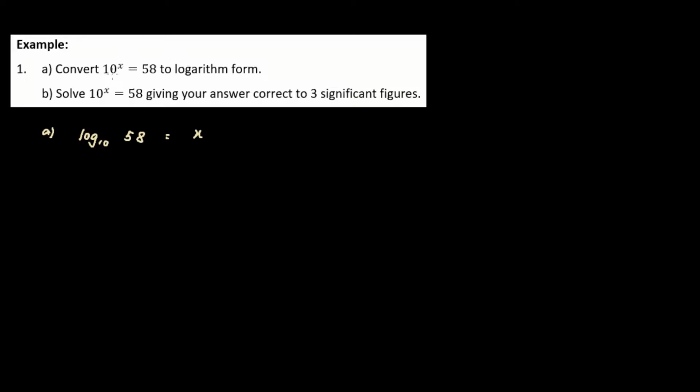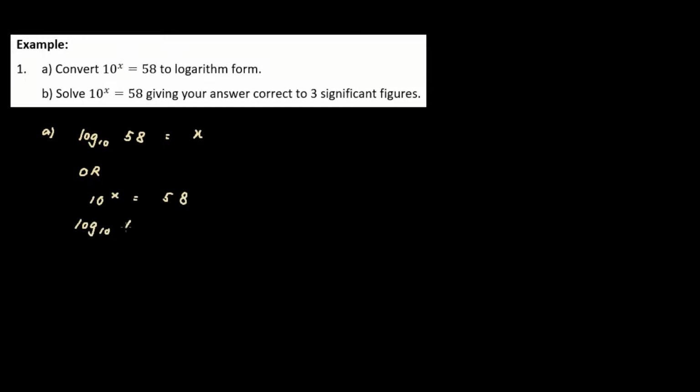So meaning the base of your indices becomes the base of your log. Then your answer becomes the number that you take the log of. Then your power is the answer for your log, because 10 to the power of x gives you 58. Okay, or method 2, if you want to use this, you can also. So meaning you have 10^x equals 58. Then what you can do is log both sides.